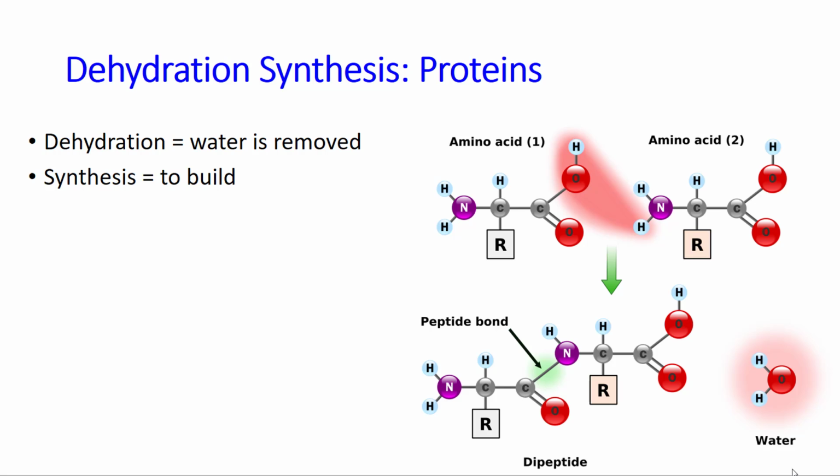And you see that red area, where the OH and the H on the other molecule are highlighted. If I break the bonds and then attach those OH and the H, I'm going to form water. And you notice after that, we have a new peptide bond combining the 2 amino acids together. This is how I build a larger biomolecule, a polymer.